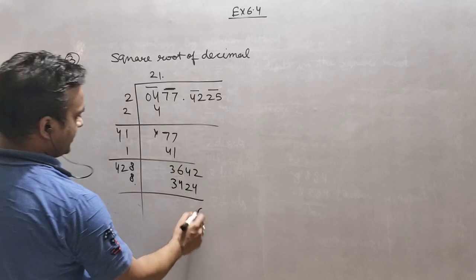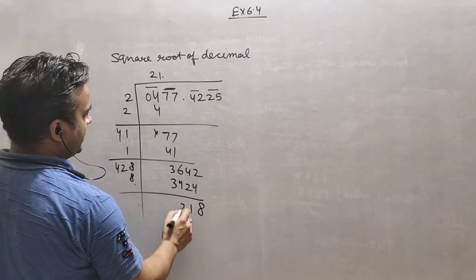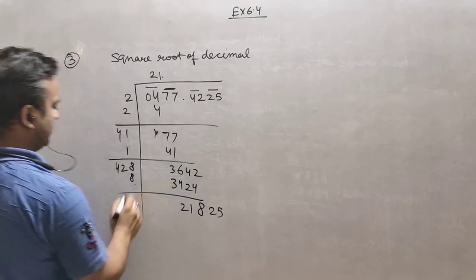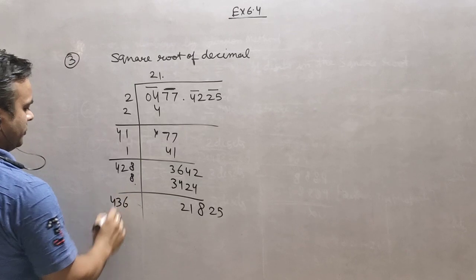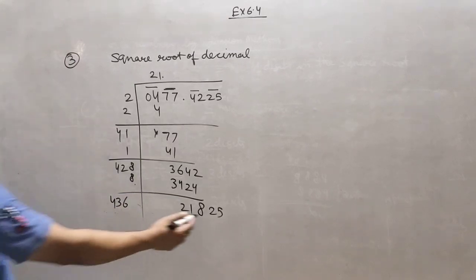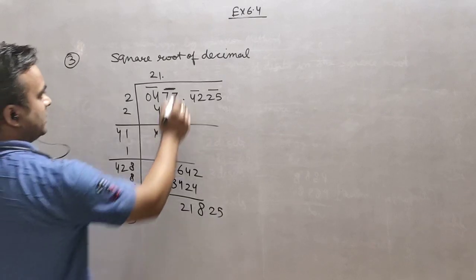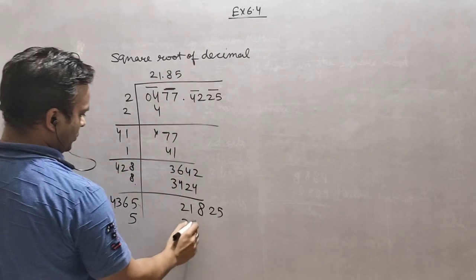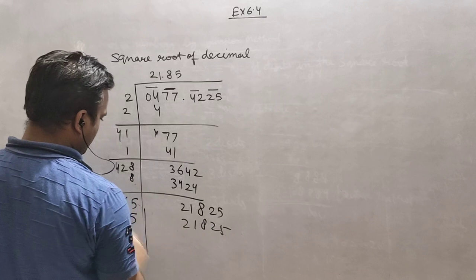And this one will be 8, this will be 1 and 2, and next you can take 16 3. Now I think 5, because we have 5, so 5 times, and you will get 8 2 5, right?